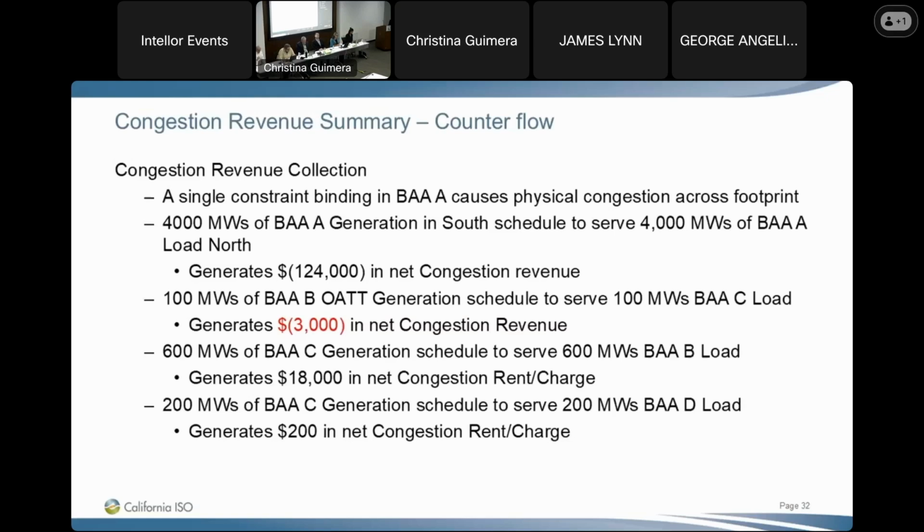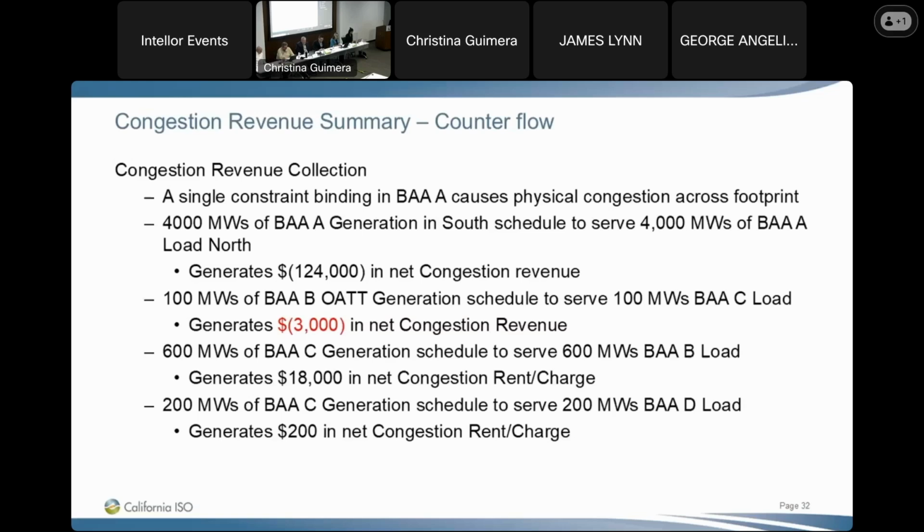For BAC, I have an additional 600 megawatts that is scheduled to meet load in BAB. You know, from a transfer perspective, it's a net 500, but that 600 is counterflowing against the 100 megawatt of OAT self-schedule. That generates $18,000 of net congestion rent.